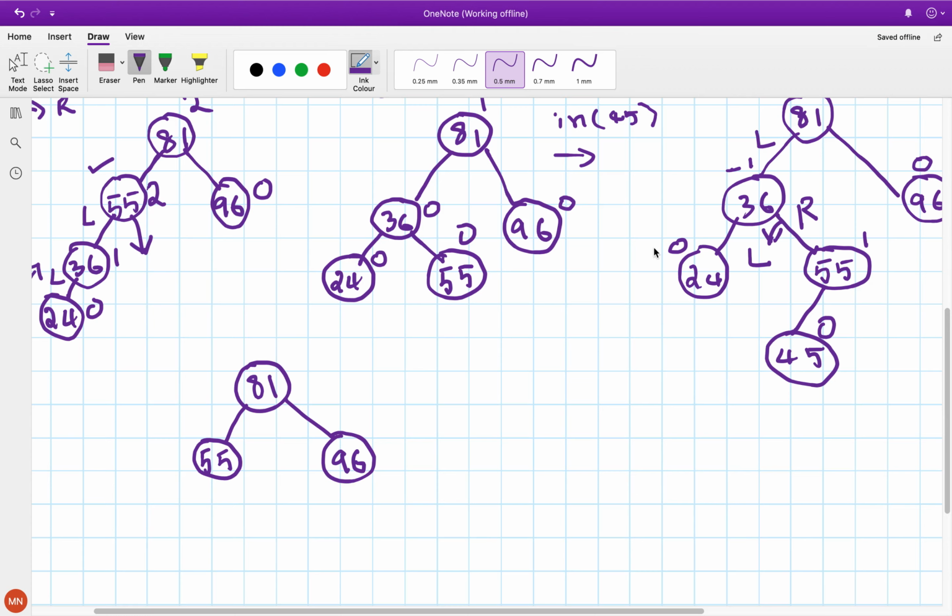Okay, then now whatever is connected to the left of 55 will now be connected to the right of 36.